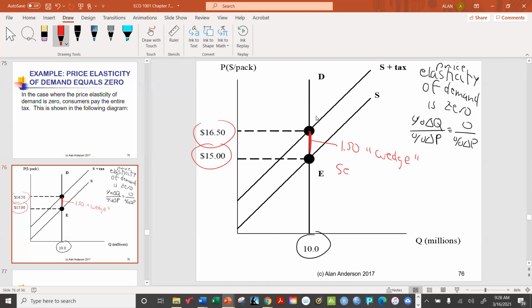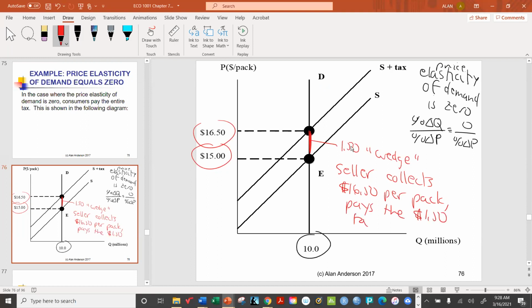So the seller collects $16.50 per pack and pays the $1.50 tax, for a net revenue of $15. It's the same. Therefore, the entire tax is paid for by the consumer.